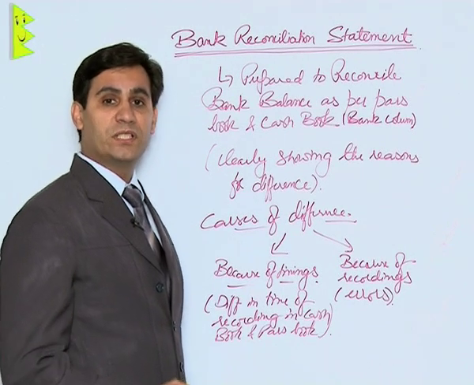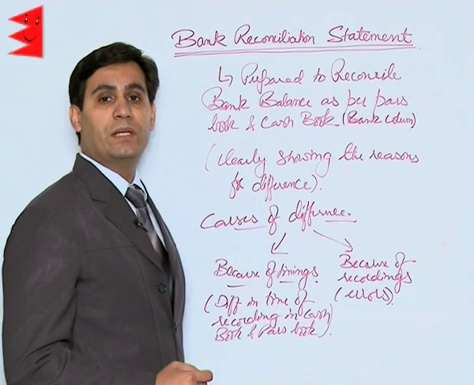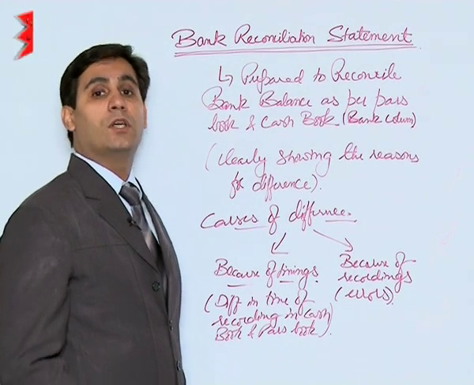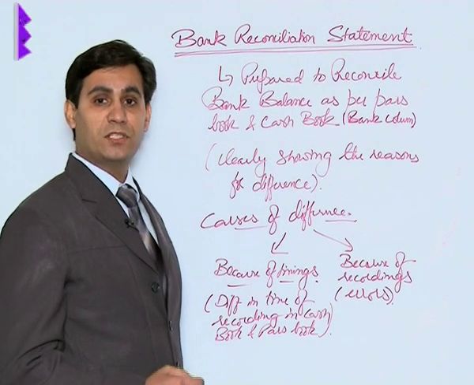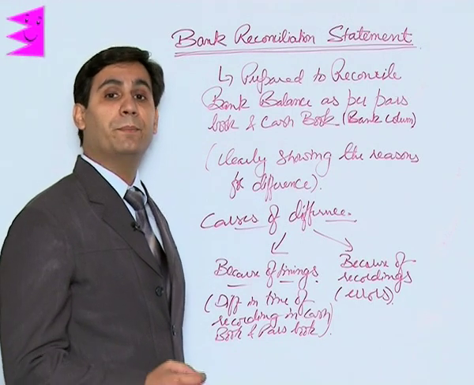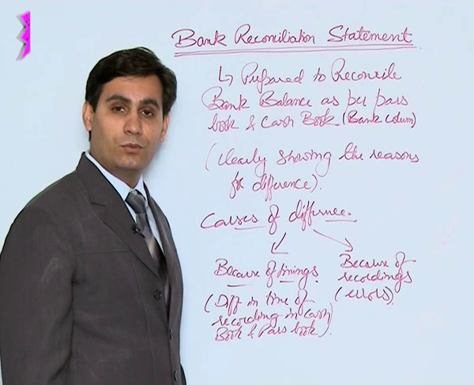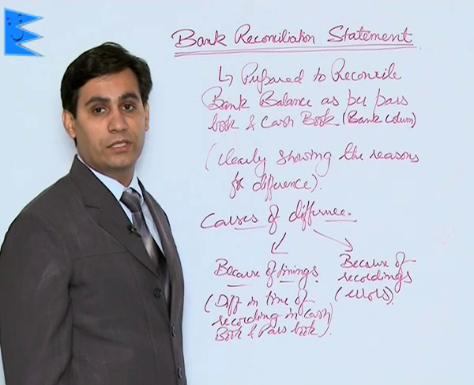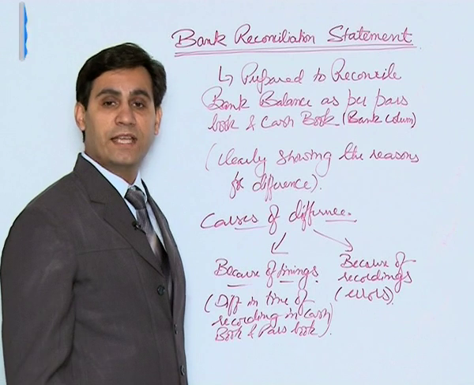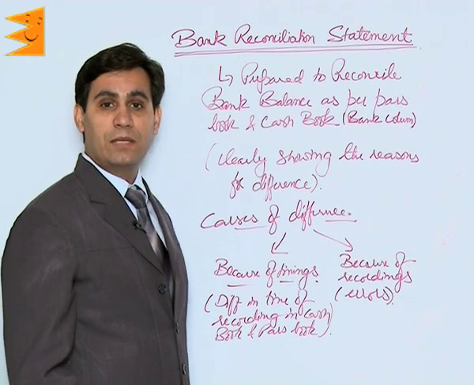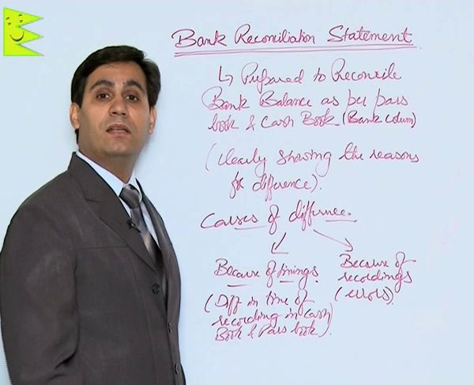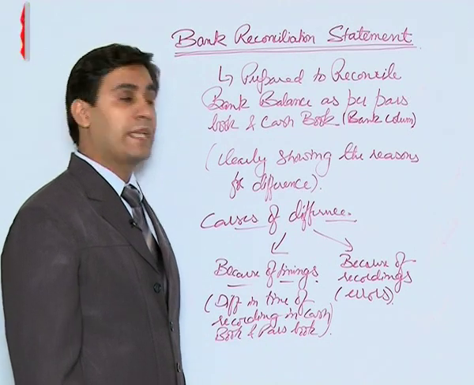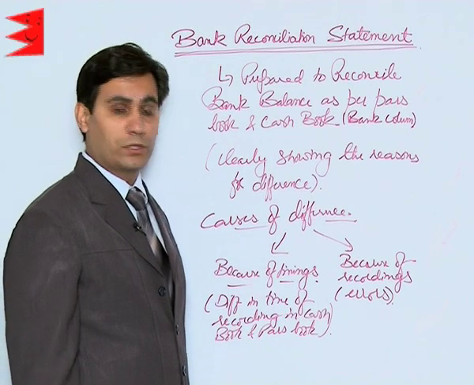There is a proper procedure that this check would be transferred from your bank to the bank of the giver, the person who has given you the check, and then the payment would be received from that account and would be credited to your account. This process takes a lot of time. A lot of time means it can take 2 to 3 days. So because of this gap in recording the amount, there can be a difference in the passbook.